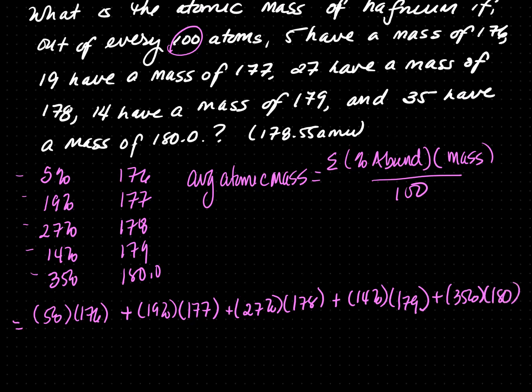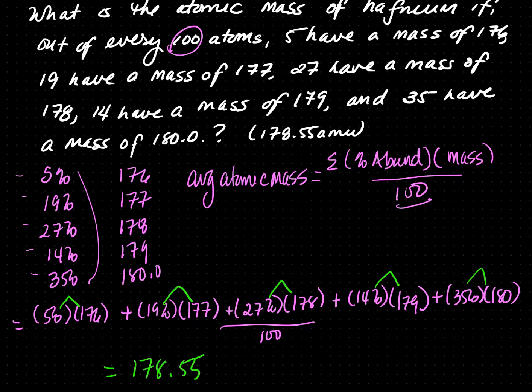In this case, you have to divide by 100 because everything was in percent. You need to do the parentheses work first, so you multiply these two, these two, these two, these two, and these two, and then add all the numerator and then divide by 100, and you should get approximately 178.55. Since no units are given, you could use AMU or grams.